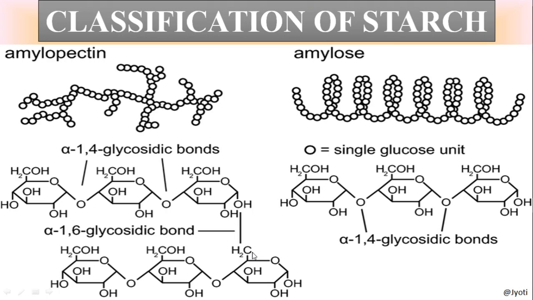So this is the sixth carbon atom and this is the first carbon atom. So the OH of the first carbon atom and H of the sixth carbon atom are removed as water and a 1-6 glycosidic bond is formed. So this is how the side chain is formed by a 1-6 glycosidic bond. This is the picture of amylopectin, which is the branched form of starch, and amylose, which is the simple form of starch where only a straight chain is there.